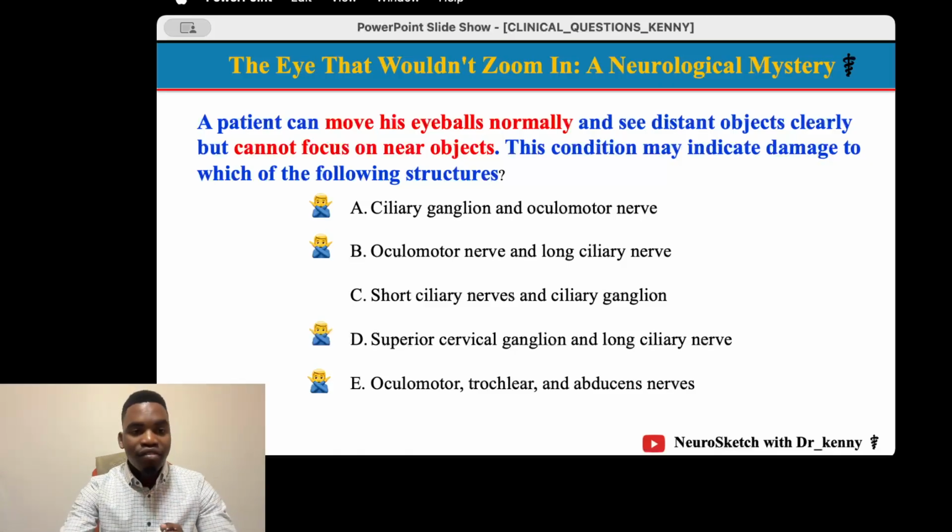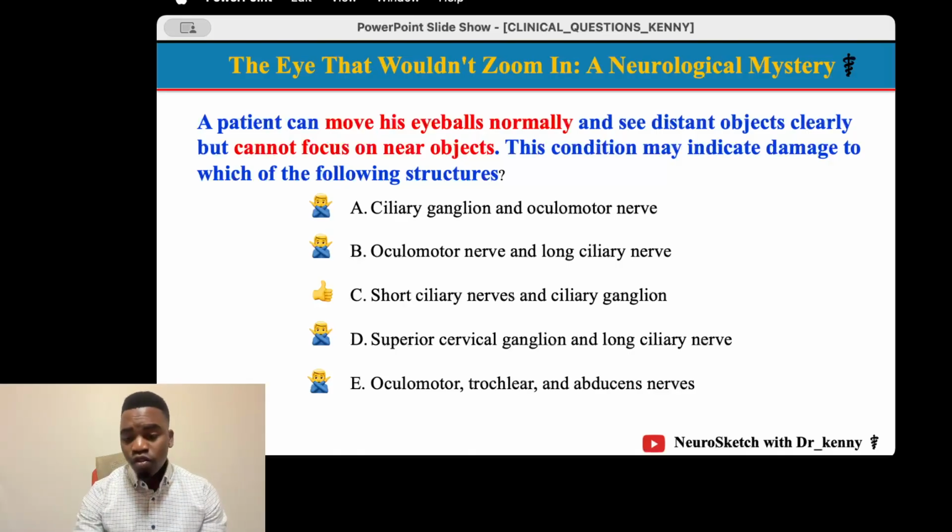It is completely fine. And so the damage, the object which has got trouble, is the short ciliary nerves and the ciliary ganglion. The short ciliary nerves and the ciliary ganglion are the ones that will bring information to constrict the pupil so as to focus on the near object.